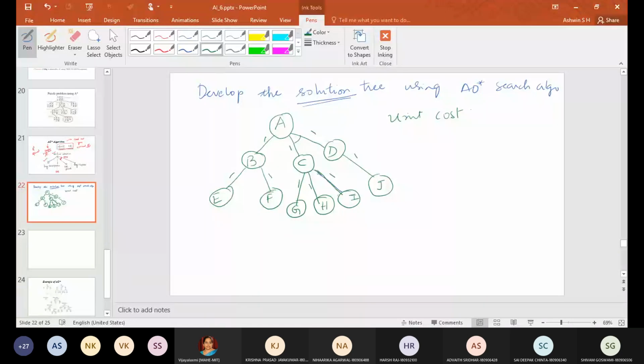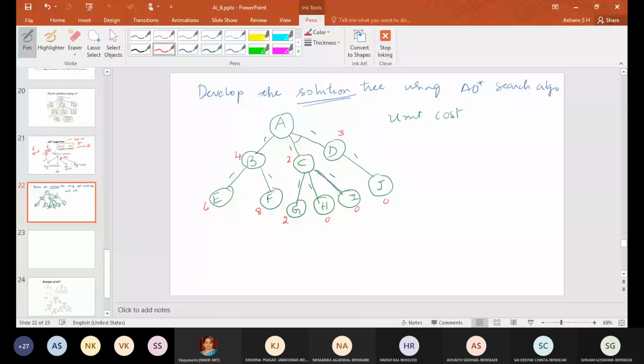So here the heuristic value is 1, this is 4. Heuristic values are given. This is 4, this is 6, 8, 2. This is 0, 0, 0. This is 4, 2, 3. This is the problem I have.